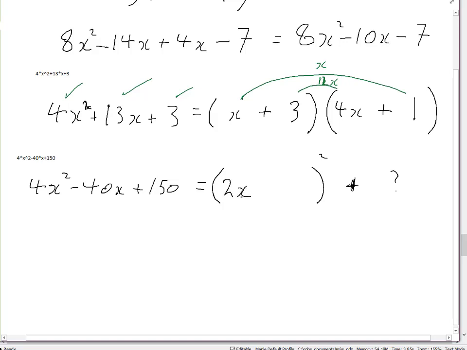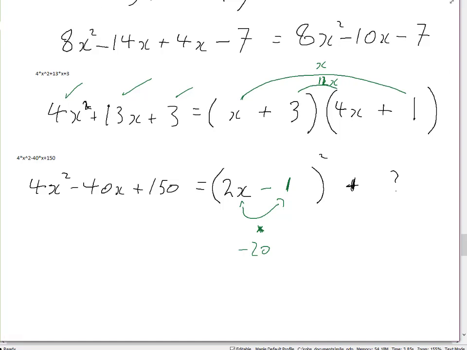It must be 2x because 2x squared gives you 4x squared. And then this number multiplied together must give you half of this. That must give you negative 20. So this times this must give you negative 20. So here I must have negative 10.